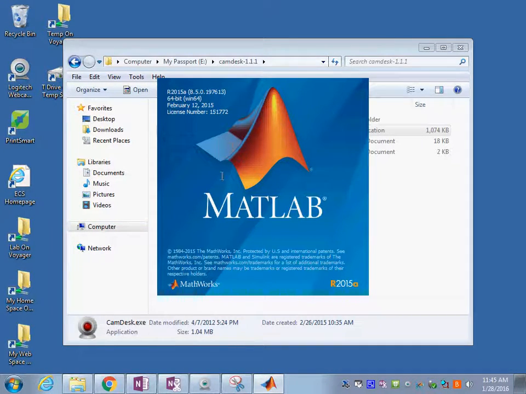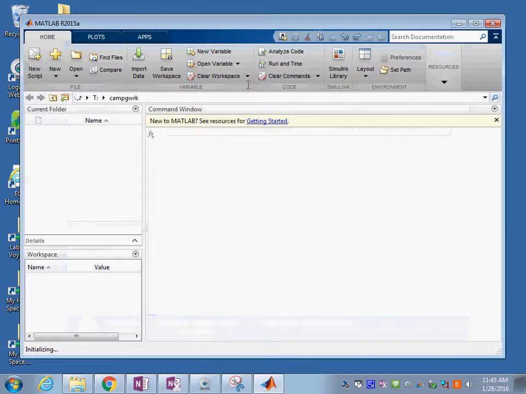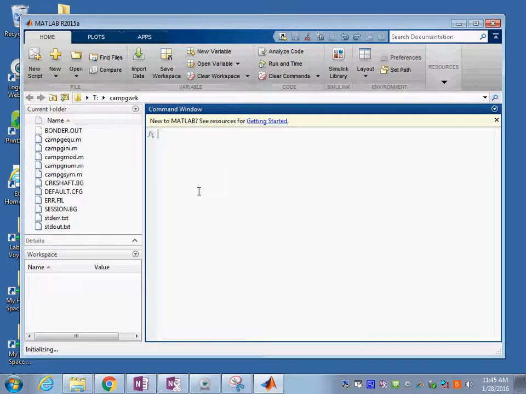There you go. You know what it did? ChemG created some MATLAB files that MATLAB can actually use to do the simulation.